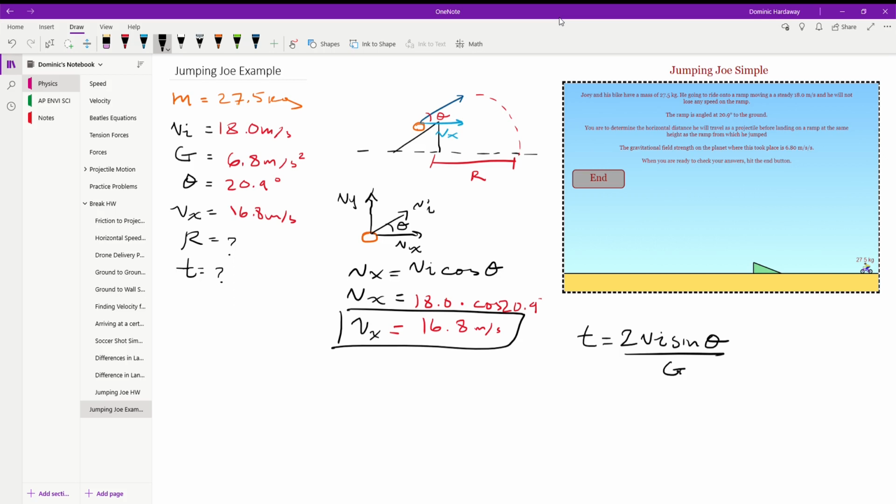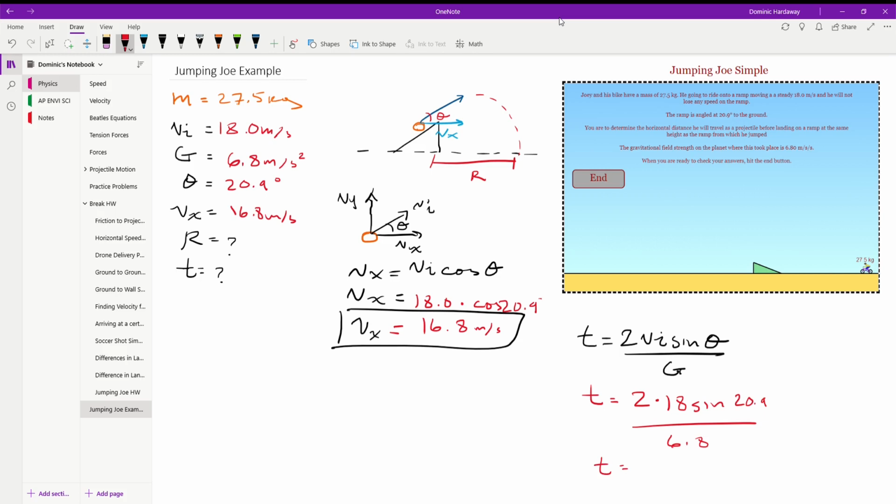This equation works in our favor very well because we have all three of the variables here. We have the initial velocity, we have the gravity, and we have the theta angle. So we're just going to go ahead and plug and chug all these numbers into the equation. So 2 times 18 times the sine of 20.9 over 6.8. And if we churn that all out, make sure you do order of operations.